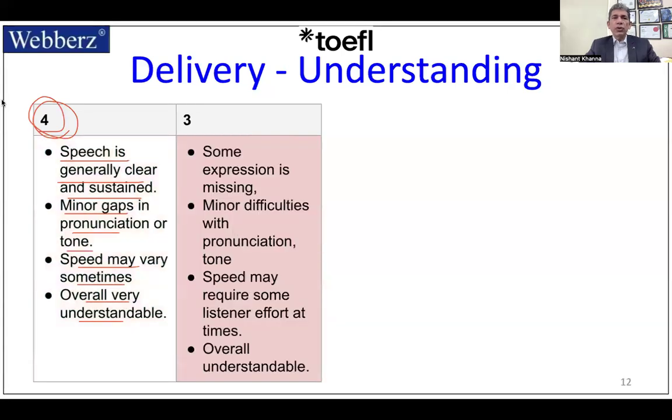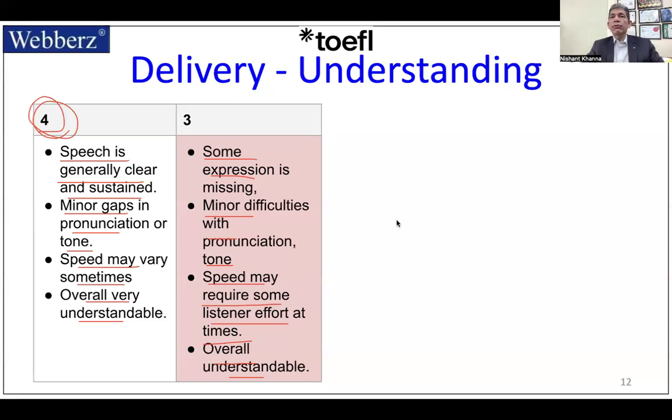If I talk about 3, in that case, some expressions are missing, minor difficulties with pronunciation and tone. Speed may require some effort at times. Overall is understandable. That means the speed can vary, may go up, may go down, but still it's very understandable. So now what is 2?